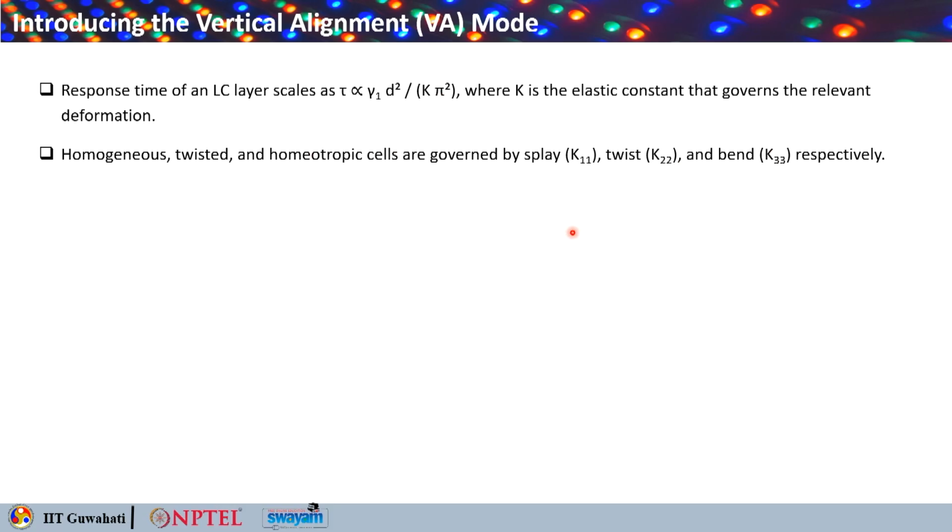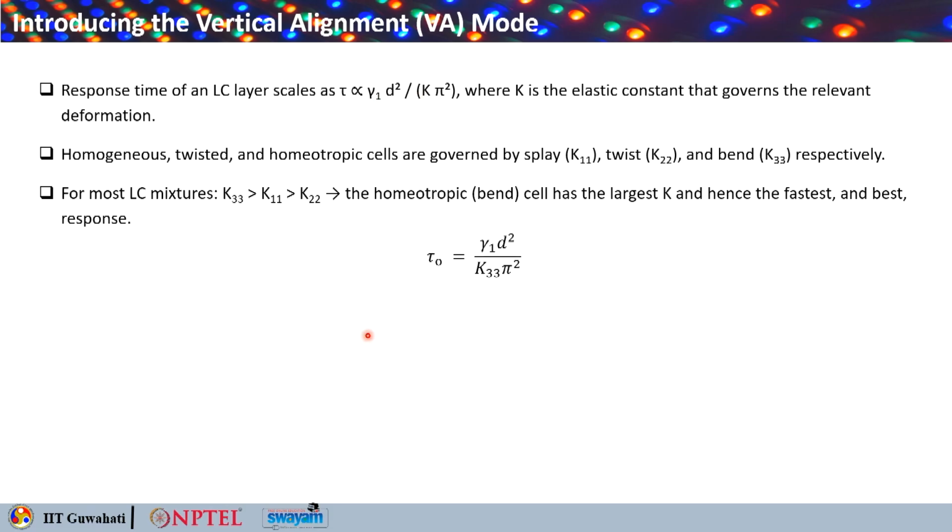Now what are the important parameters? You can see that the time is basically proportional to the rotational viscosity times the cell gap squared, and then it is divided by the governing elastic constant times pi squared. So if you have a larger constant, that will give you a smaller response time.